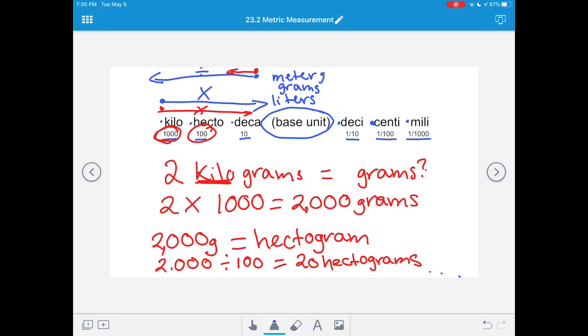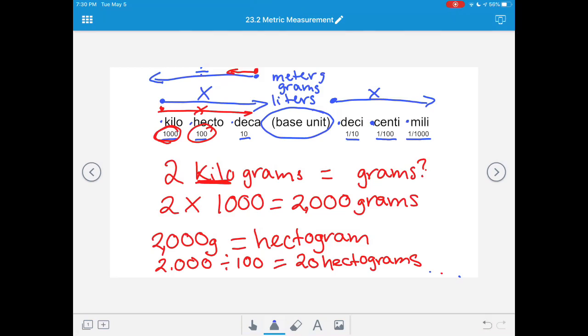So those prefixes can be attached onto the base units so that we're able to describe units that are for smaller measurements. So if I am at the base unit and I'm trying to get out to one of these smaller units, I'm going to multiply.